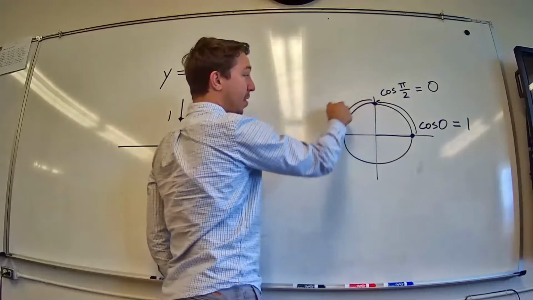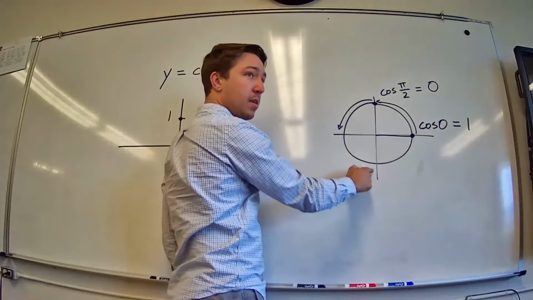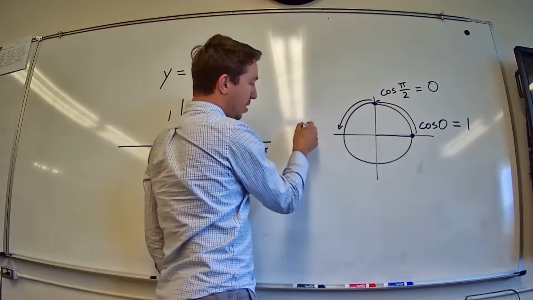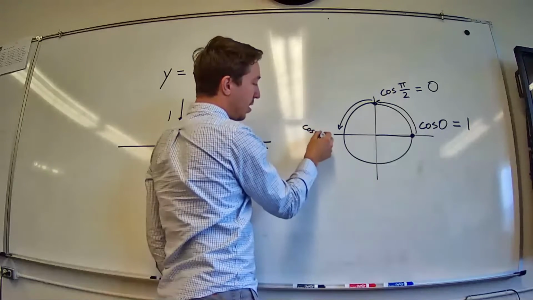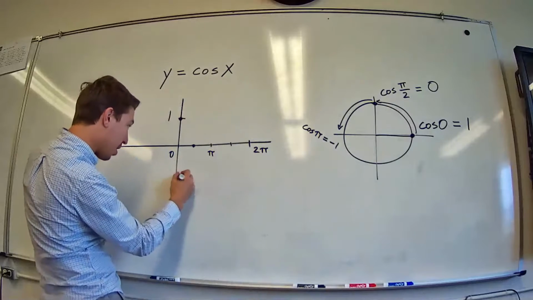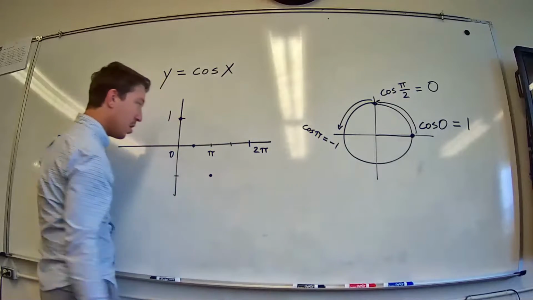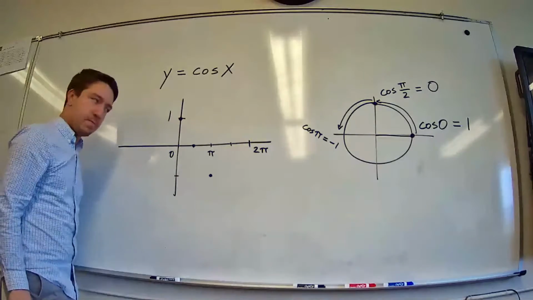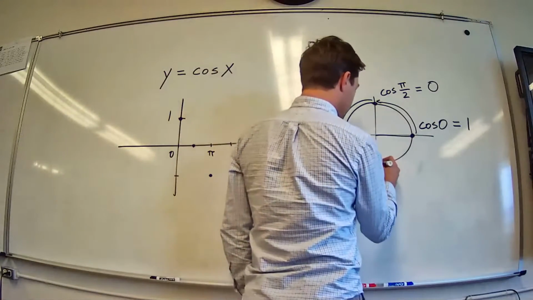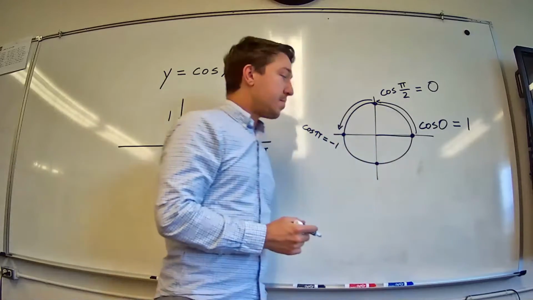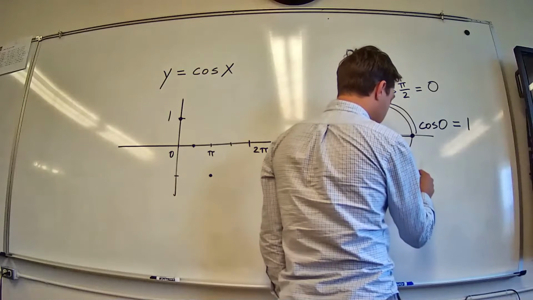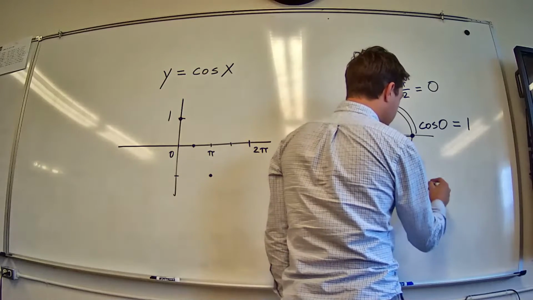Negative numbers. In fact, they're going to be negative all the way until we get to 3 pi over 2, right? So let's pit stop here. The cosine of pi is -1. Let's put that on here. And the cosine of 3 pi over 2.